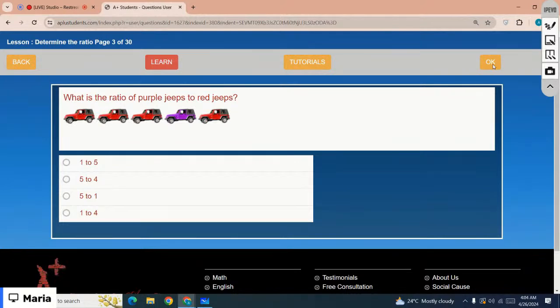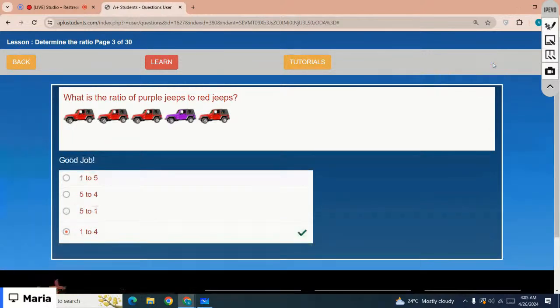Got it? So that is not 4 to 1. Purple to red. You have only 1 purple and 4 red. That is 1 to 4. Order matters. The correct option is 1 to 4. The last option is the correct option. Be very careful.